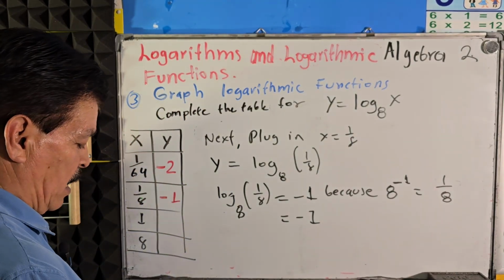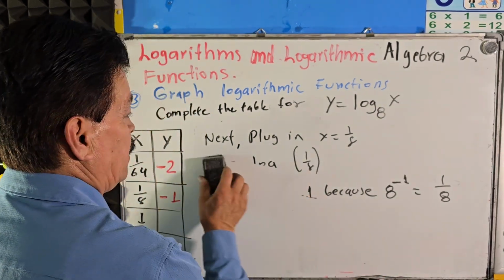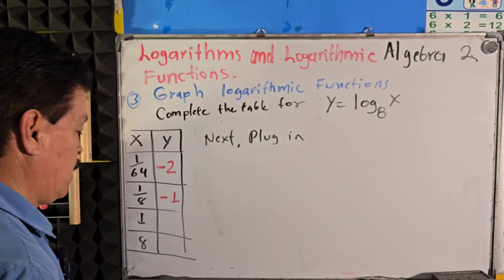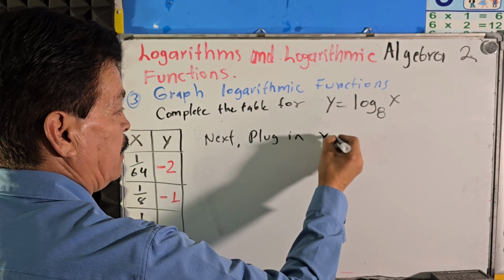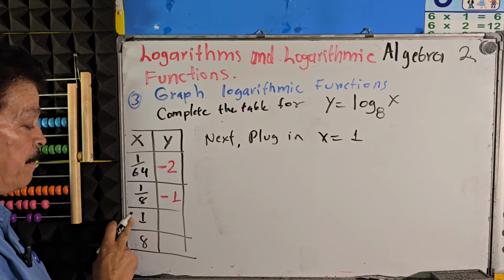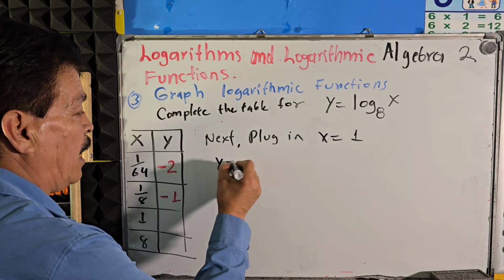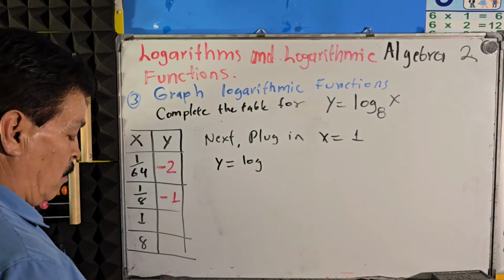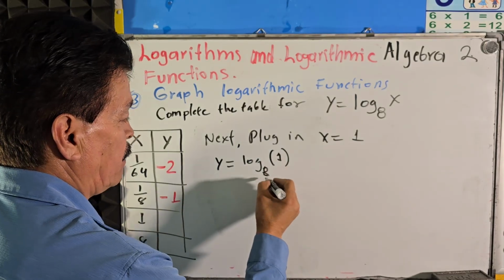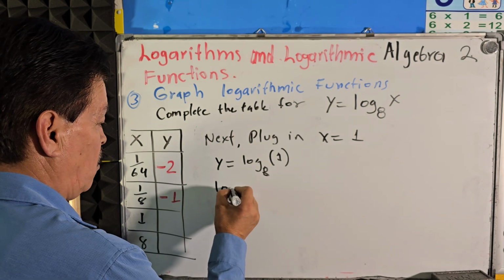Number 2. Now next one. Plug it in, x equals 1. Next number is x equals 1. And you do that, so we will have y equals log of 1 with the base 8. Okay, easy now.